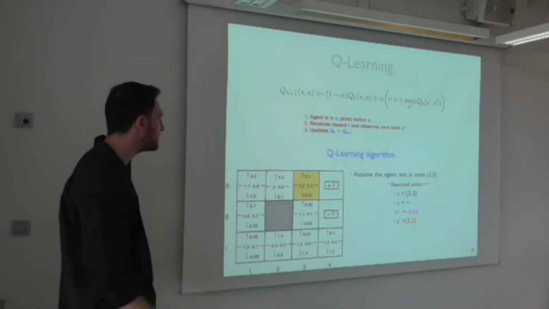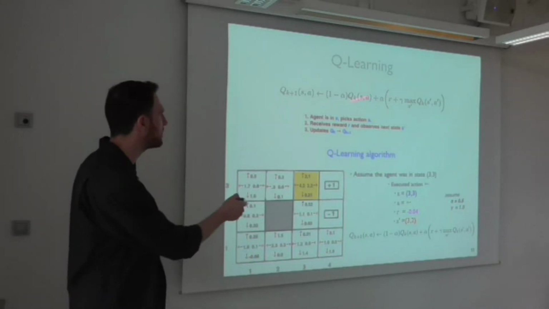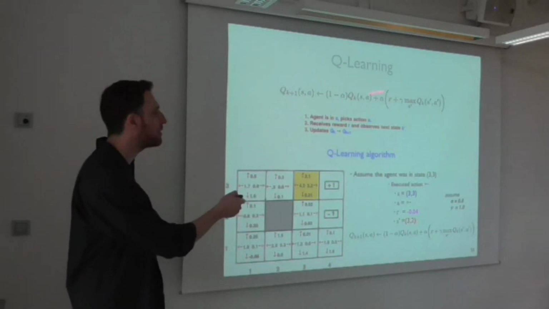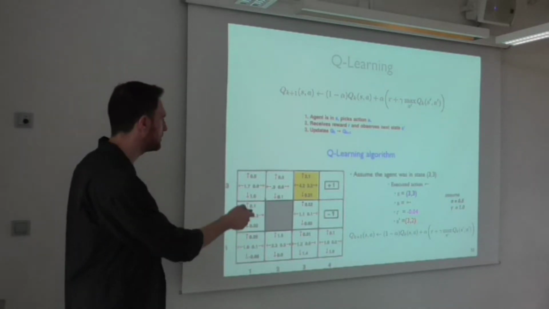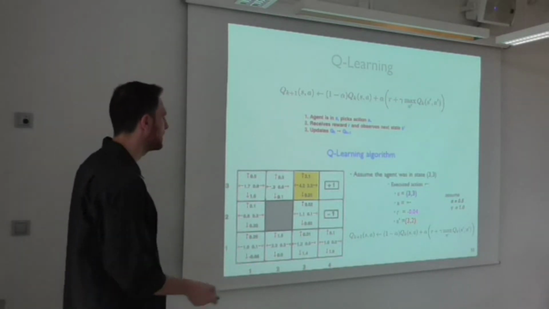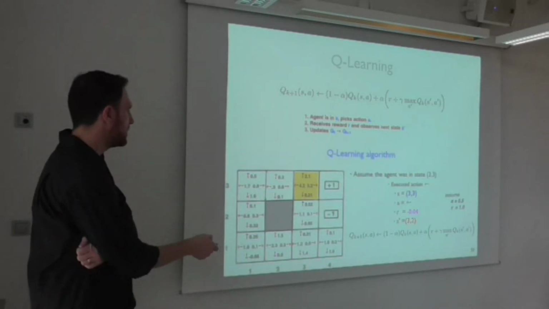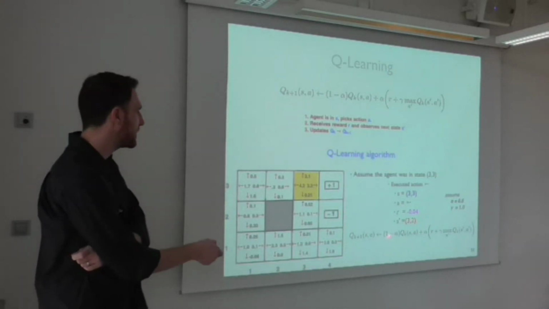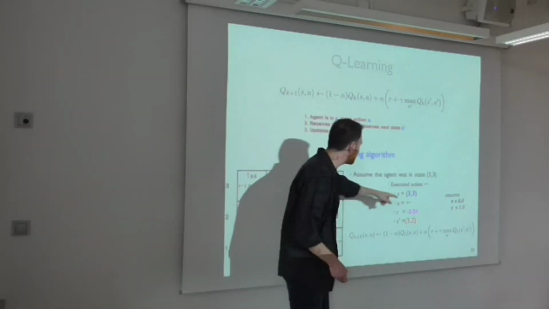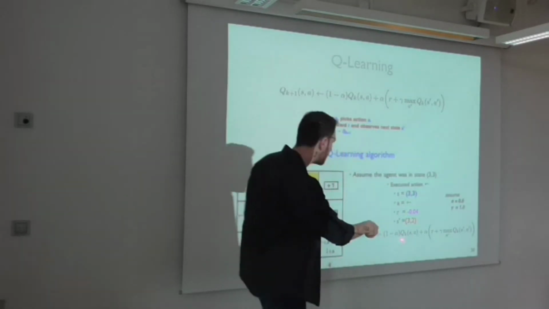So you have to set those two things. Let's say that in this example I just arbitrarily picked alpha to be 0.5, so I'm going to combine this with equal importance, and gamma is 1 just so I get easier numbers to deal with. So Q of S, A, this is my current guess for the total score that I can get at the state where I am, and this is the action that I took.